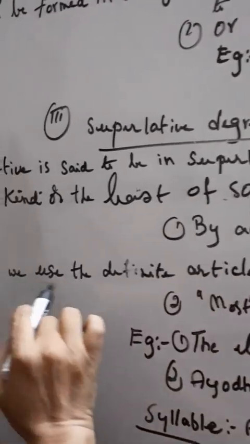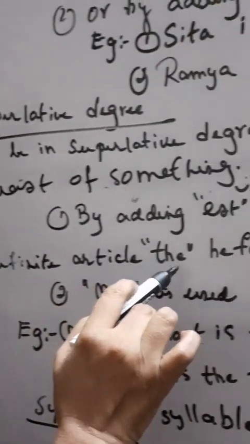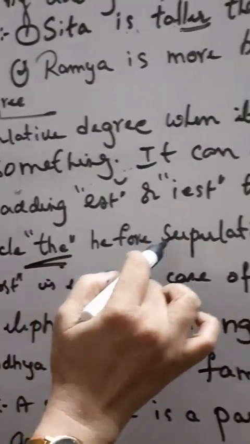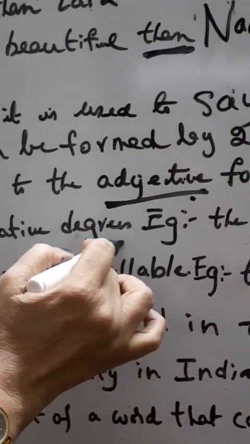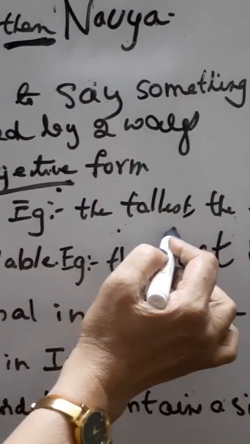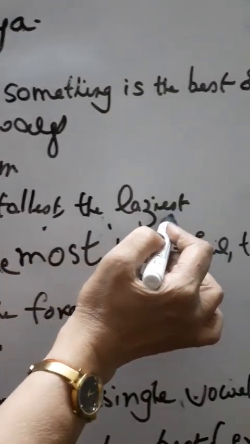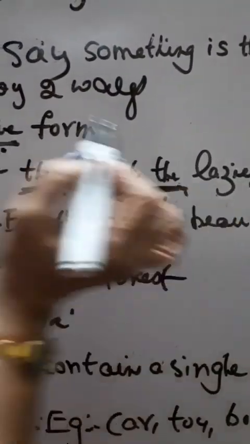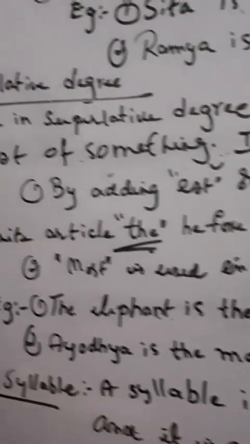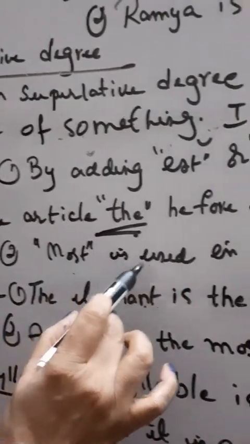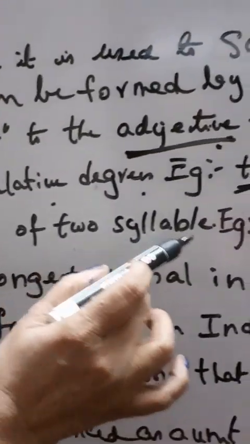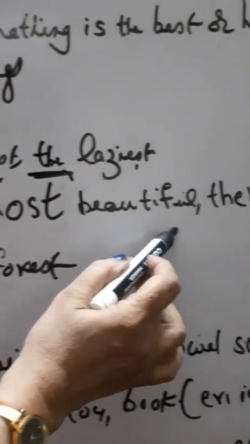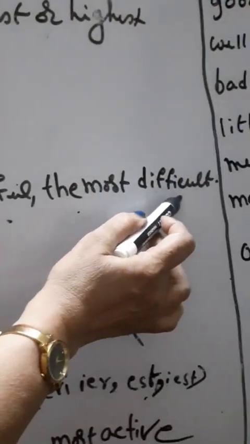Now, generally we use the definite article the before the superlative degree. For example, the tallest, the laziest. Now, most is used in case of two syllable, that is the most beautiful, the most difficult.